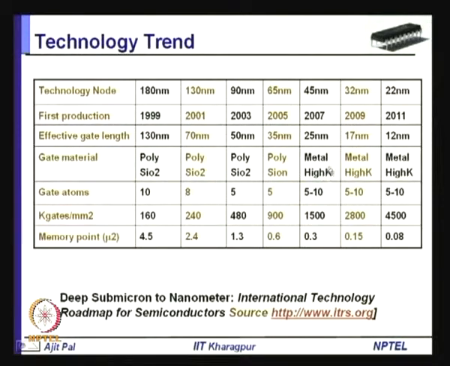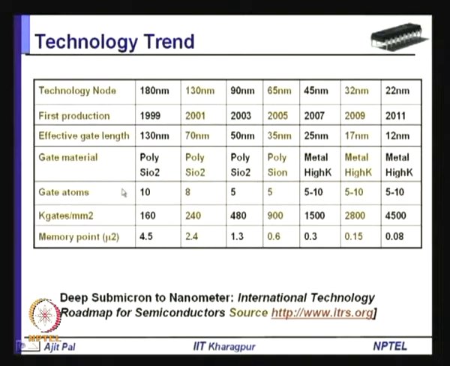High K means a higher dielectric constant, and with that you can have a little more thickness, 5 to 10 atoms, and that will continue as you go from 45 nanometer to 32 nanometer and 20 nanometer. Whenever you switch to high K material, we cannot use polysilicon as the gate material. We have to use metal on top of that high K dielectric to realize the gate.